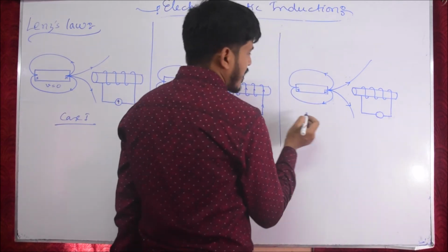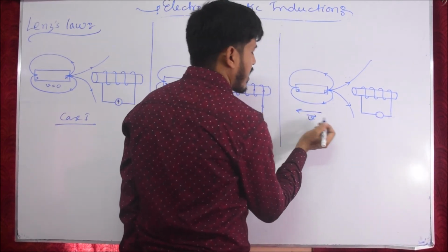Now suppose here the magnet is moving away from the coil like that along this direction.